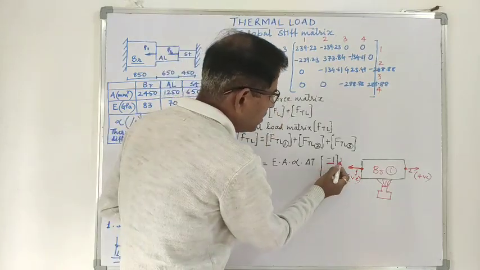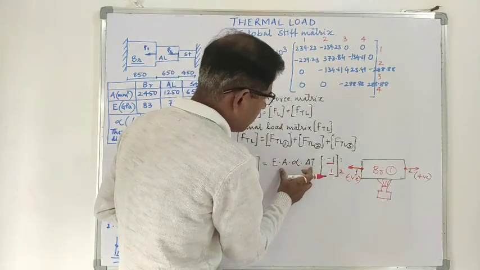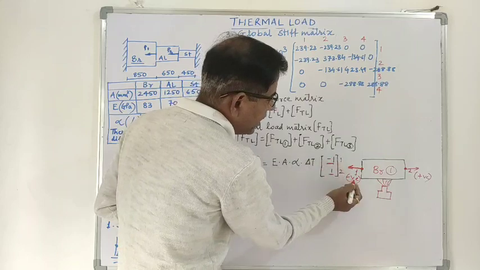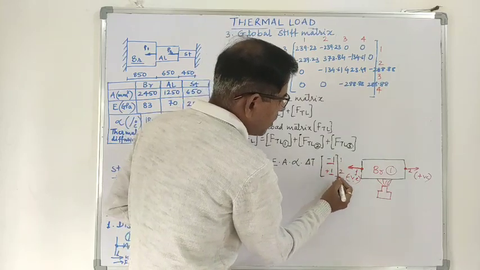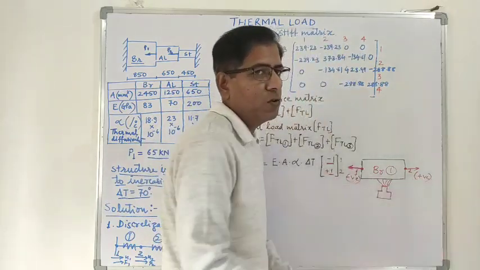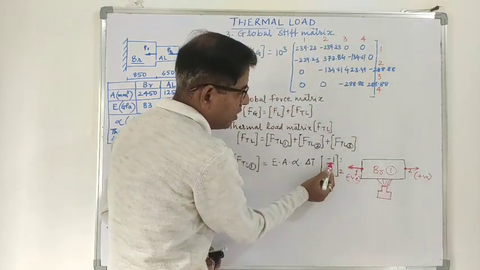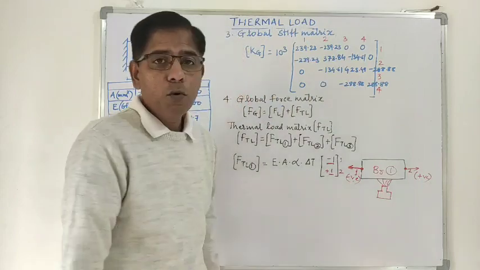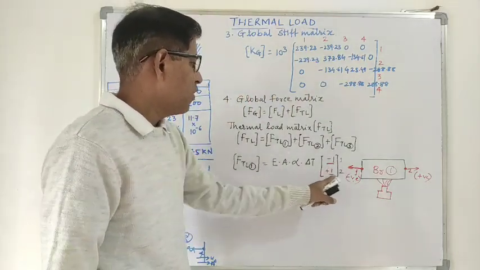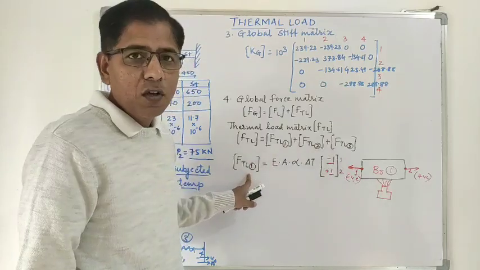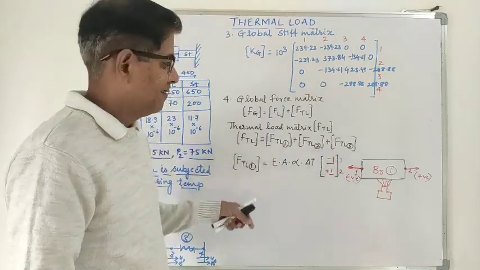So -1 means this thermal load will act in the negative direction, and the positive sign indicates that this thermal load acts in the positive direction. So at node number 1 negative, at node number 2 positive. Okay, so this is the formula for finding the thermal load in any element.